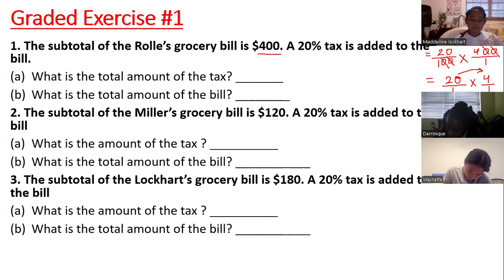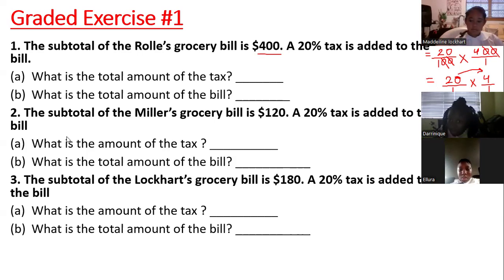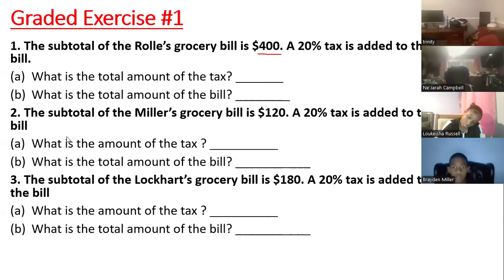Where's Allura? You finished writing the first one down? Yes, sir. Okay. So read the question for me, please. The subtotal of the Rollies grocery bill is $400.